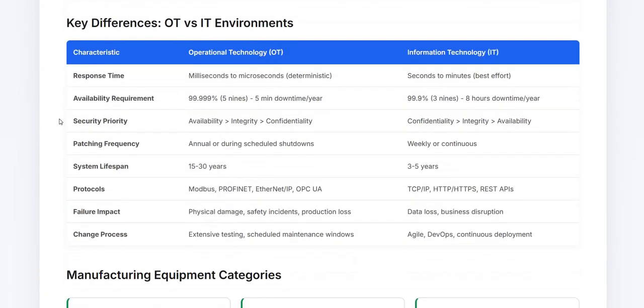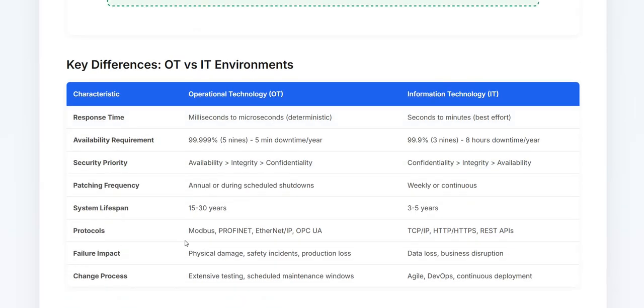And we have a table here. Look at the comparison table. Focus on that. Each row explains a design trade-off. Response time differs because physics demands determinism. Availability targets differ because downtime at the machine stops production instantly.